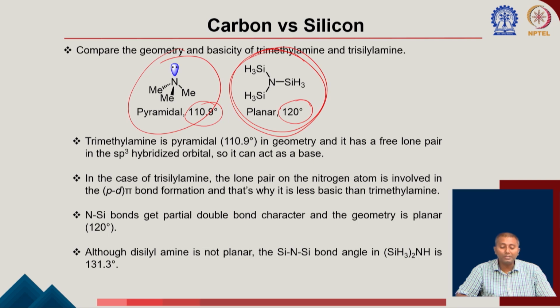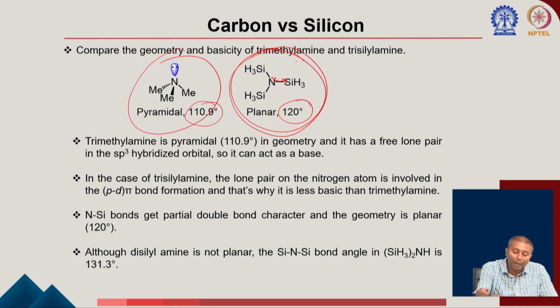Again, the important point is that when an electronegative element with a lone pair is present, the lone pair can back donate electron density to the vacant silicon orbital. That gives some partial double bond character because of the electron donation from the lone pair to the silicon d orbital.